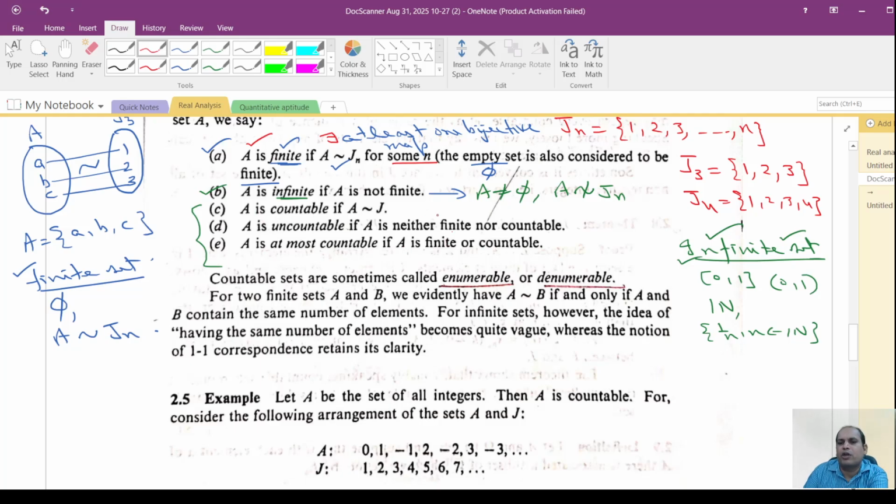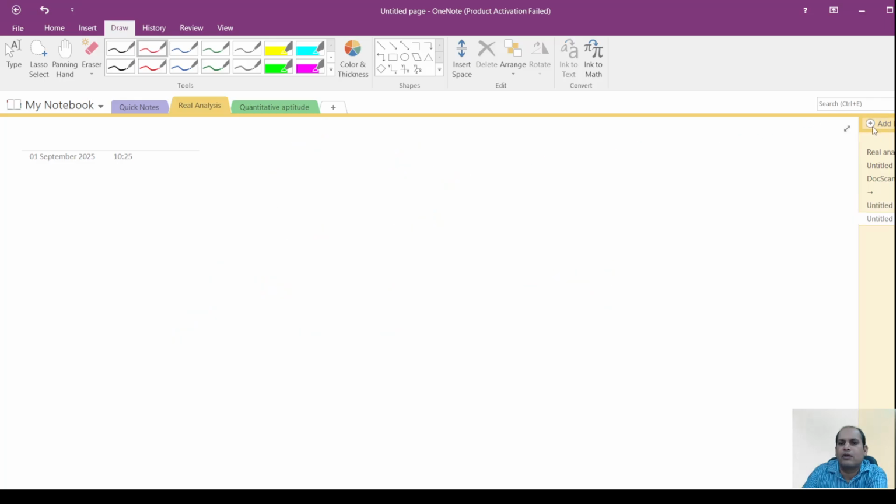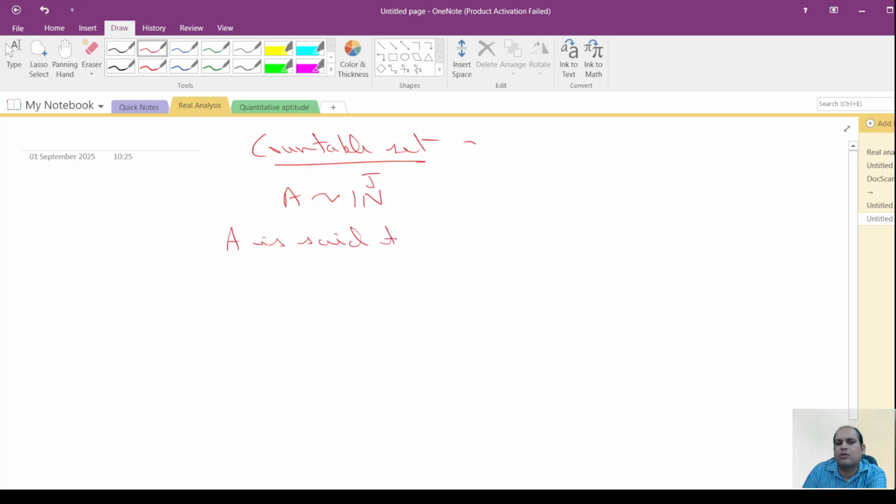So, any set is said to be countable if it is similar to the set of natural numbers, or the notation used here as J. In some books you will find the term countably infinite.